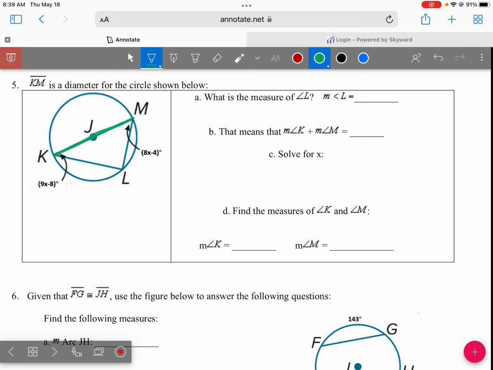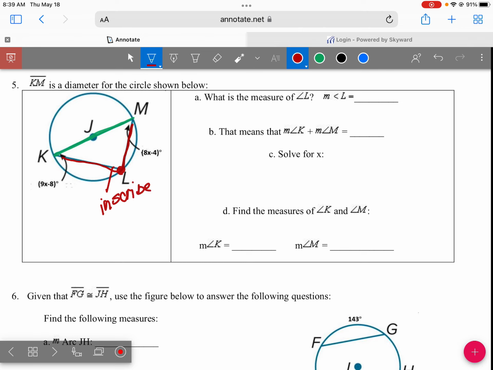Is it inscribed or central? Angle L is right here. That vertex is not at the center of the circle. So this is an inscribed angle, right?